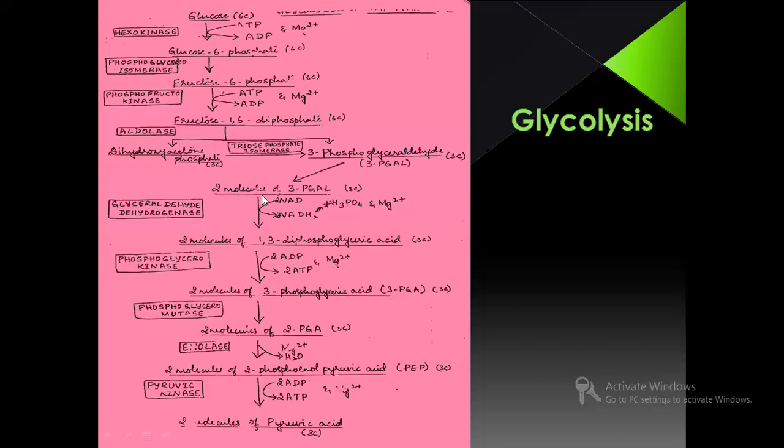So two molecules of 3-phosphoglyceraldehyde are now oxidized, or hydrogenated, into two molecules of 1,3-diphosphoglyceric acid, and this conversion takes place in the presence of the enzyme glyceraldehyde dehydrogenase.